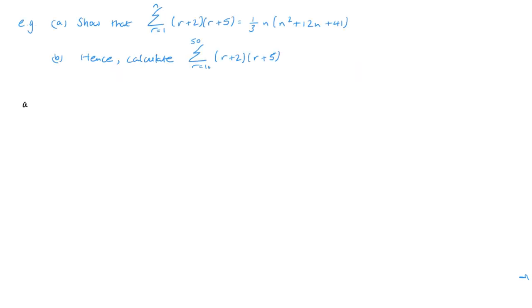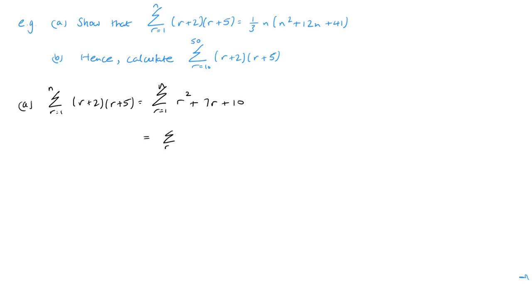Starting with part A, the sum of r between r equals 1 and n, of r plus 2, r plus 5. Then what we want to do is expand. So this is going to give me r squared plus 7r plus 10.